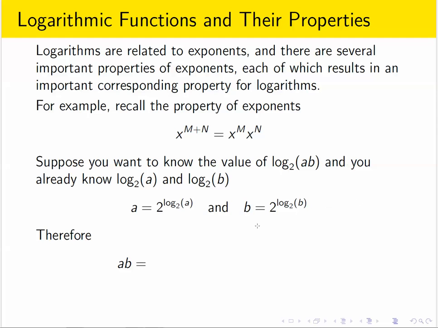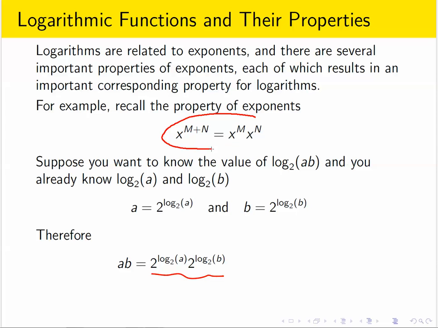Now that we've got ways of writing a and b in terms of their logarithms, since I'm interested in what's going on with a times b, I can plug these in. I take this quantity and plug it in for a, and then this quantity, plug it in for b. Now I've got two quantities multiplied together, each of them an exponential expression with the same base.